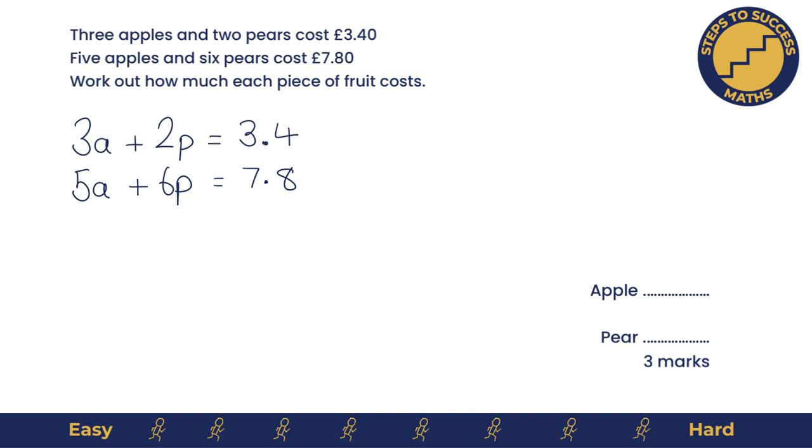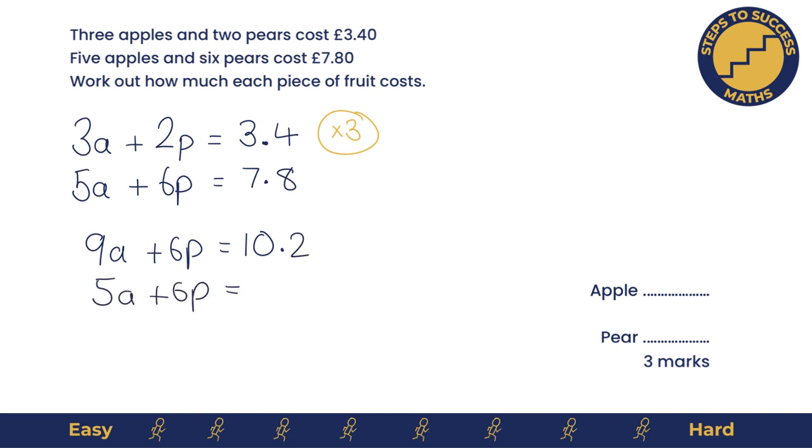Now I need to make either the A's or the P's have the same value. So I'm thinking I could use 6P by just timesing the top one by 3. So that will give me 9A plus 6P is equal to 3.4 times 3, so that's 10.2. And I've still got 5A plus 6P is 7.8.